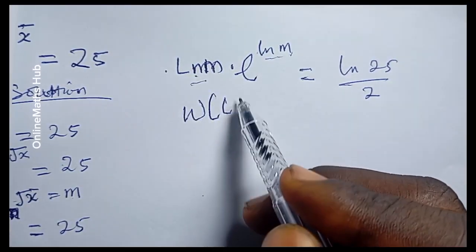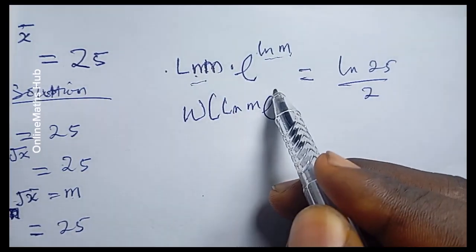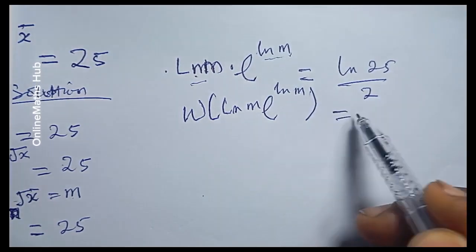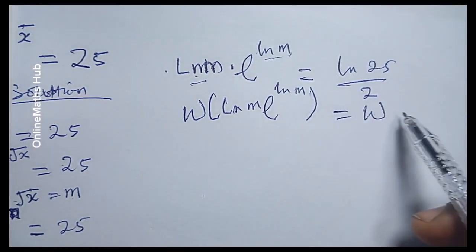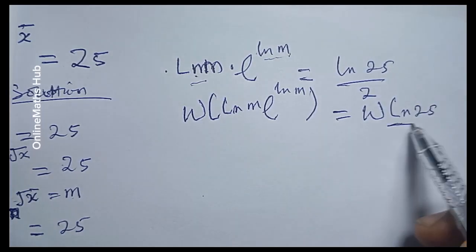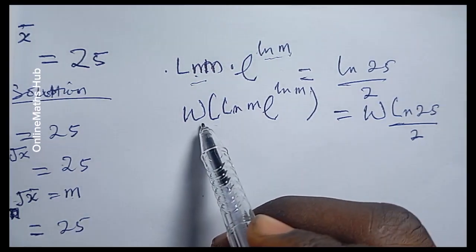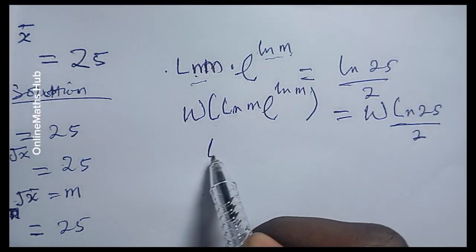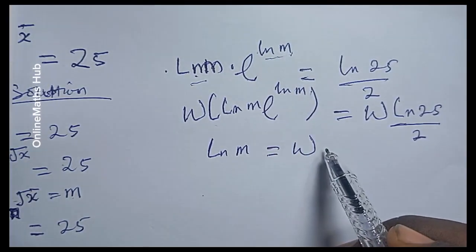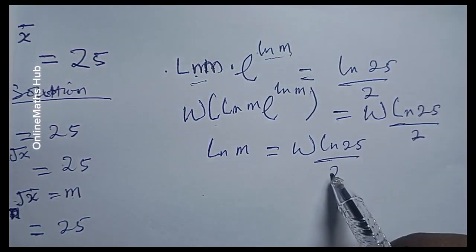I'll take the Lambert W function of natural log of m multiplied by the exponential of natural log of m, and this is equal to the Lambert W function of natural log of 25 divided by 2. So this whole left hand side now collapses to natural log of m is equal to the Lambert W function of natural log of 25 divided by 2.